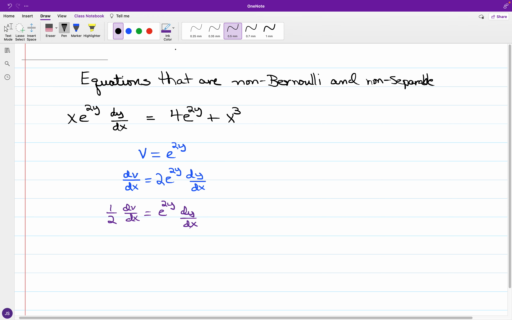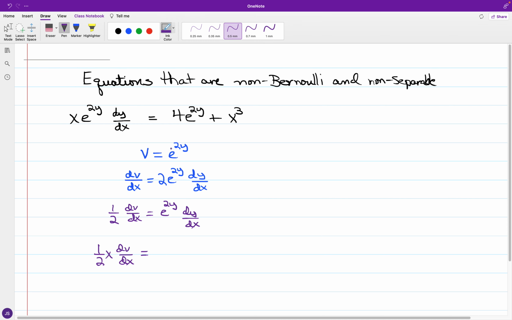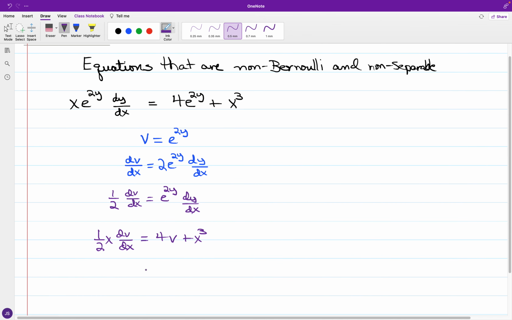So I'm going to have 1/2 of x dv over dx, and for 4 times e to the 2y, well, I have v in place of e to the 2y, so I have 4v plus x cubed.